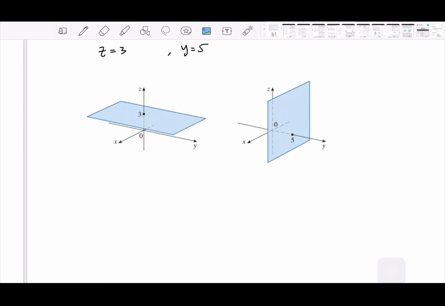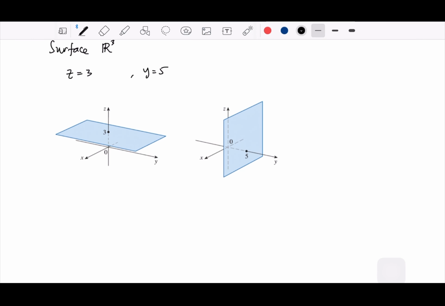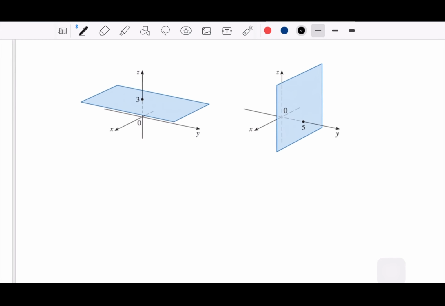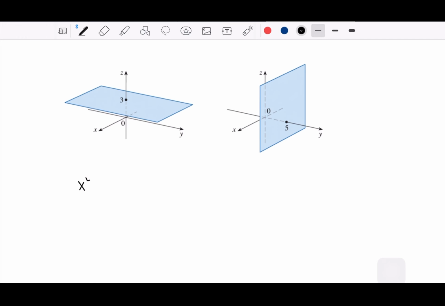Now we might have another way to look at it: x squared plus y squared equal 1, and z equal 3 in one graph.